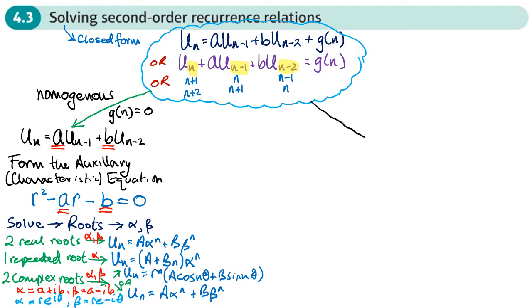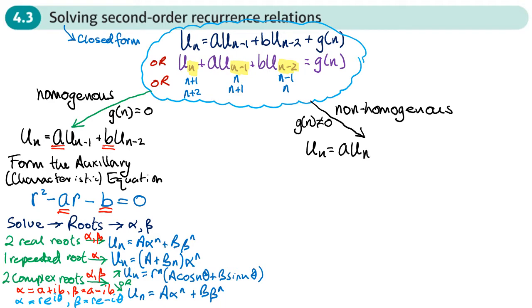Right, so what if g of n is not equal to 0? Then we have something that's non-homogeneous. And so let's look at the method for solving a non-homogeneous second order recurrence relation. So let's start with the form of a second order non-homogeneous recurrence relation.